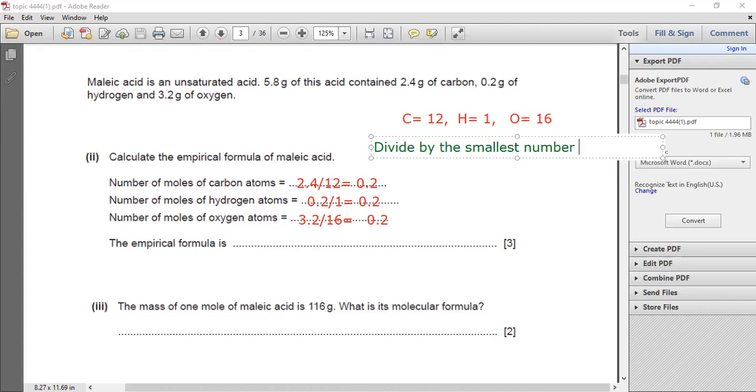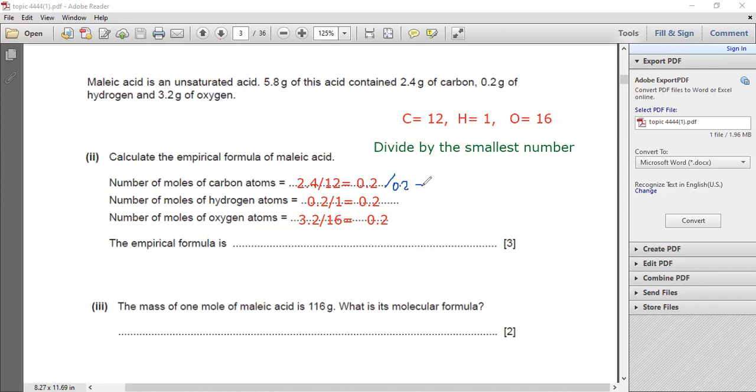Here, divide by what? Divide by the smallest number. Which one is the smallest number? The hydrogen, the same. This is 0.2. So here I divide by 0.2.